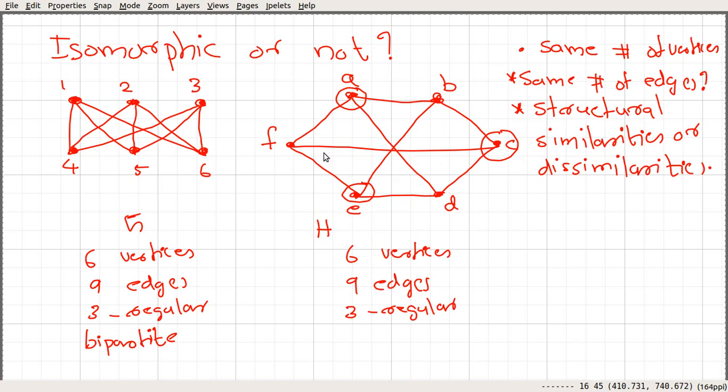Okay, we can see that there are edges only between different parts. In this case one part corresponds to the vertices A, C and E, and the second part corresponds to F, B and D. So it's also a bipartite graph.